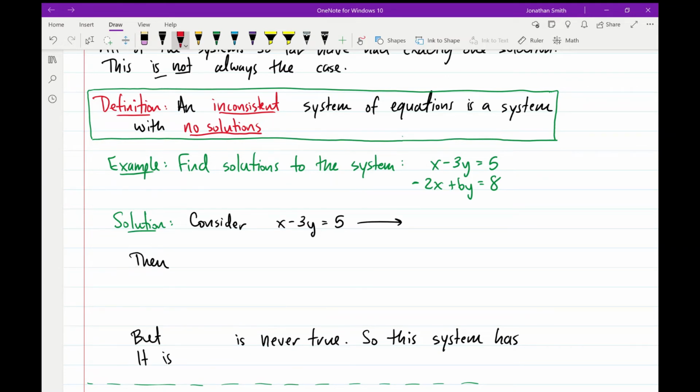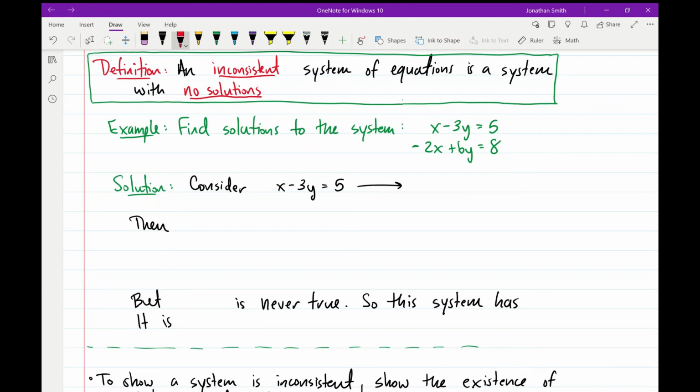All right, so let's try and do this by elimination, as we've been doing so far. The x minus 3y equals 5, we're going to multiply it by 2, because I want the 2x and the minus 2x to add together to cancel out the x variable. And we end up with the equation 2x minus 6y is equal to 10. Now let's take this equation and the second equation given to us and add them together to eliminate x.